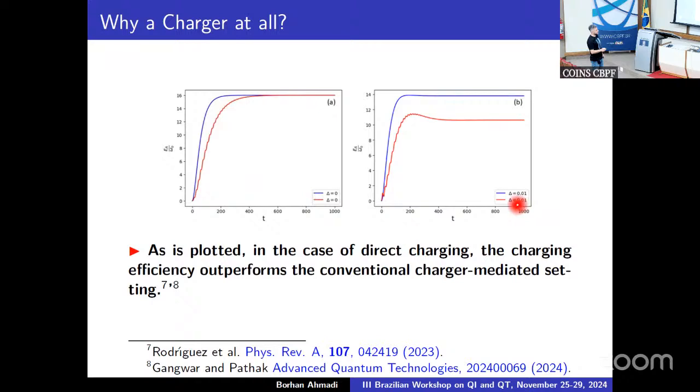And if the detuning is non-zero, the results are even better in direct charging. The blue line is for direct charging, the red line is for the charger-mediated process.